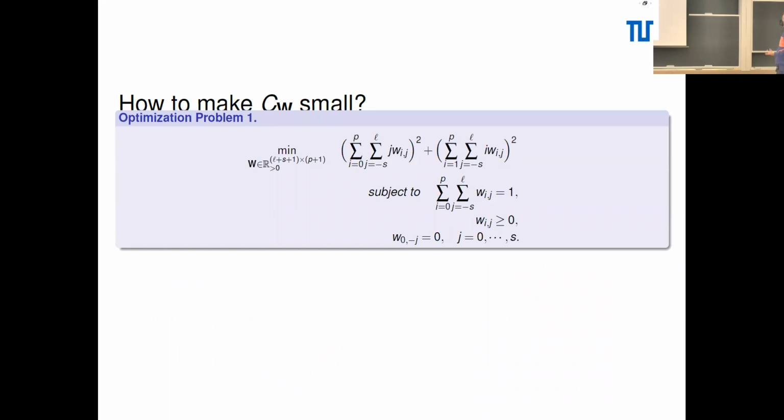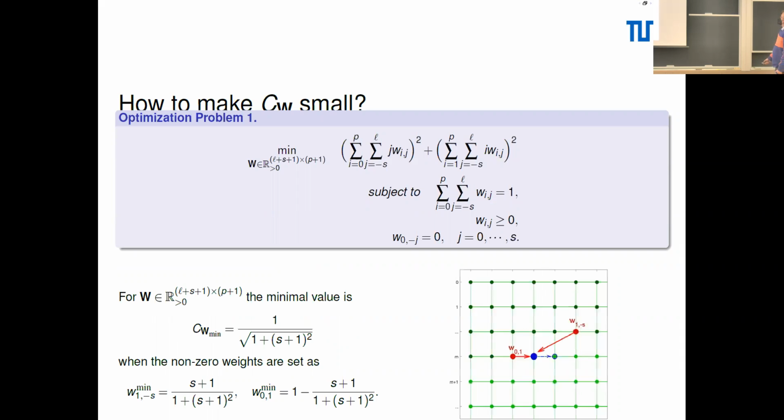But the question is, is this actually desirable? And that's something that we will see here. So we're setting up this optimization problem, saying, let's solve for this weight constant. And what we see is the optimal filter is something like this. It has one non-zero entry exactly here, one step left of the bit that you want to calculate, and then one other non-zero entry that's as far as possible in the other direction.